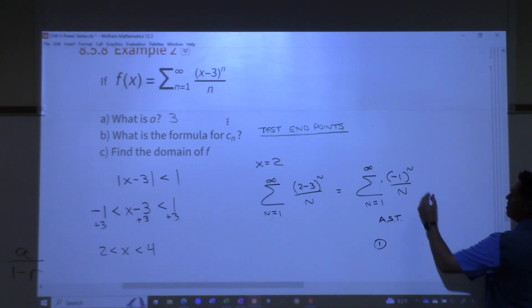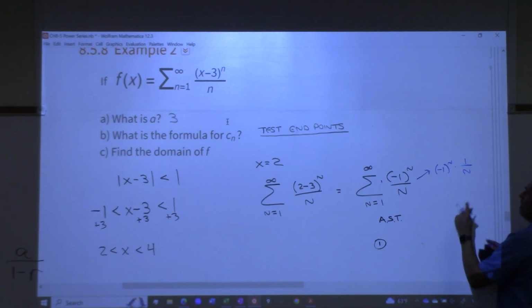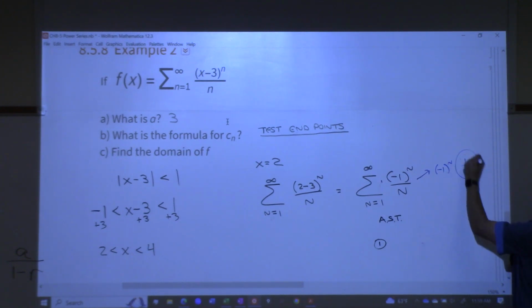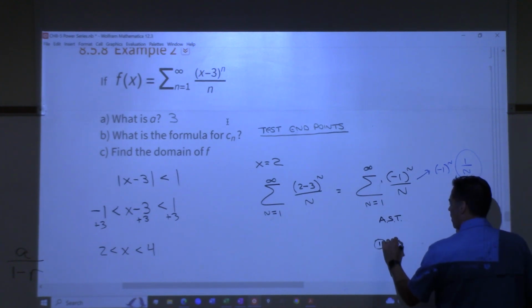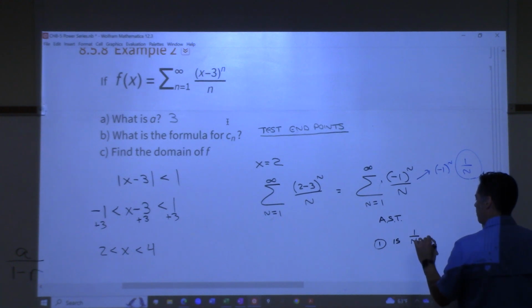well, with alternating series, I have to rewrite this as negative 1 to the n times 1 over n, like split it into 2 pieces, and I'm focusing all my attention on that piece right there. So I have to show that it's what? Decreasing, and then the second condition? See if that sequence goes to 0. If those 2 things are true, it's convergent. So first thing is 1 over n decreasing.